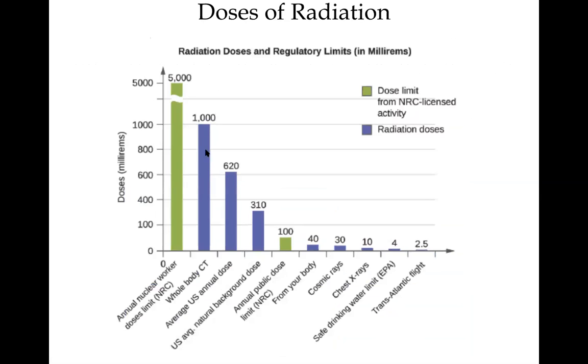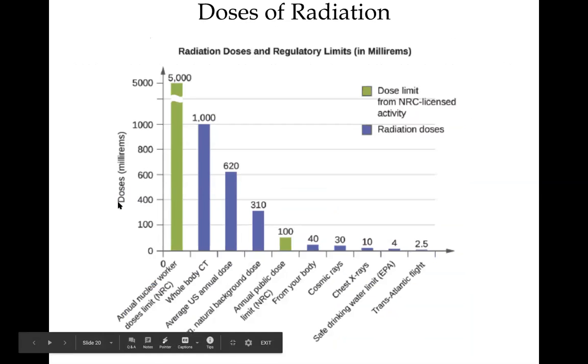And then so you can compare and see how that compares to a whole body CT. So if you have a CT scan, that's already going to give you 1 rem, or 1,000 millirems. So 1/5 of the annual exposure that a nuclear power plant worker is allowed to have.